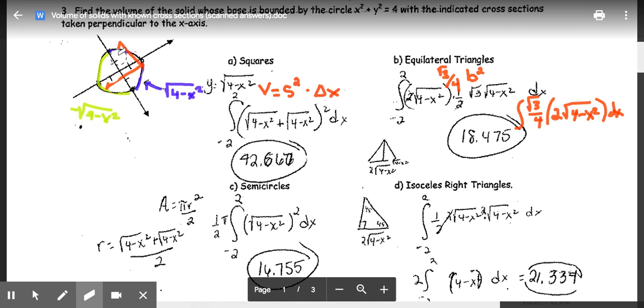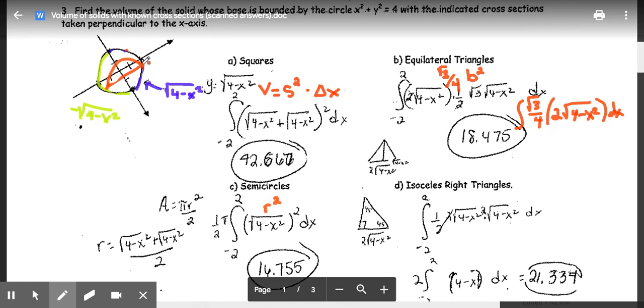So now we're looking at a semicircle cross section. It's like this, the arc is coming out of the page. And the volume of this is 1/2 pi times your radius squared.